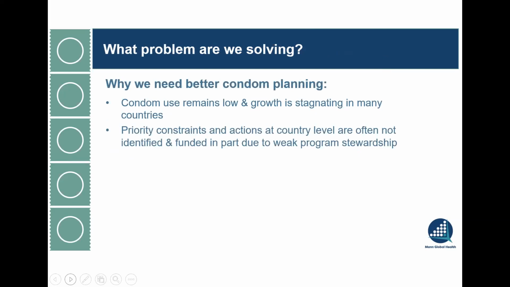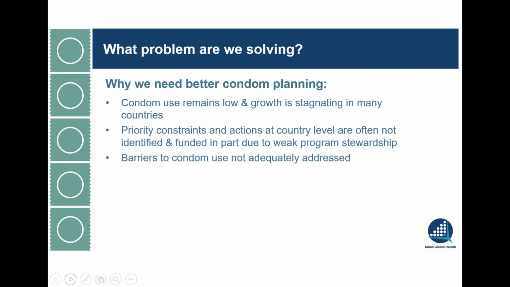And in part, the reason for condom use being low is that the priority constraints at the country level are often not identified and then not funded, in part due to weak program stewardship. And all of the previous speakers have talked about that. By program stewardship, we mean essentially the group of functions, usually led by the NAC or MOH, that enable all actors and stakeholders to work together in a systematic way to improve condom programming and outcomes.